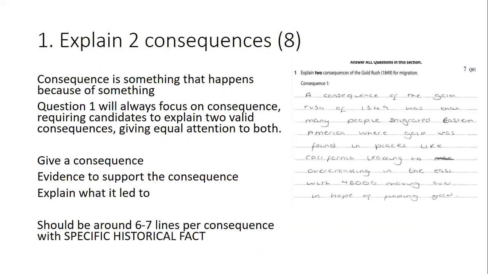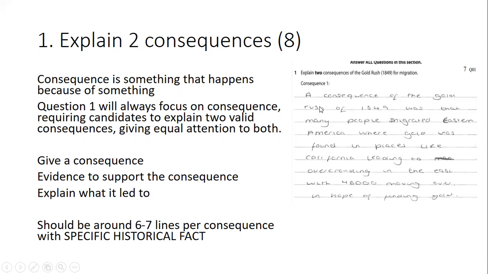Now on the board, it's not a perfect example, but it's an example from an exam a few years ago. 2 consequences of the gold rush for migration. Be careful here because this question is actually asking how the gold rush had an impact on migration, which means movement.